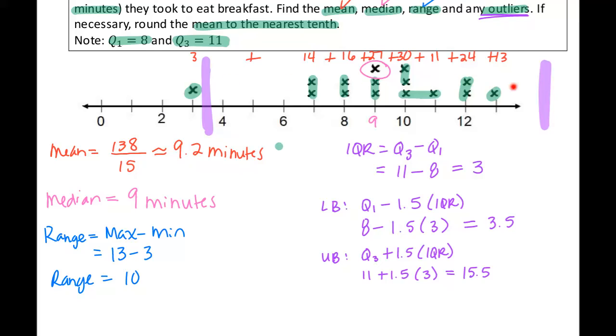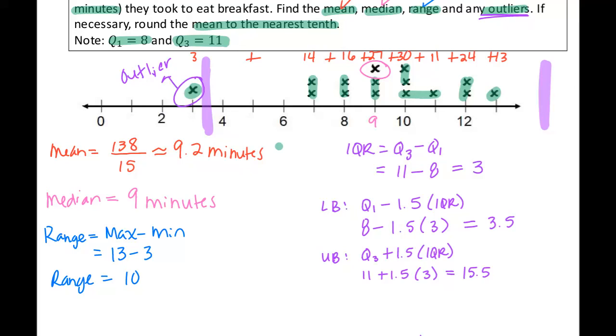Basically, anything on the inside is okay, not considered an outlier. If you have anything outside of those two lines, like this value right here, that's considered an outlier. That 3 right there is far from the other ones, and it's far enough to be considered an outlier because it's outside of the boundary lines. So in this case, my 3 ends up being an outlier.